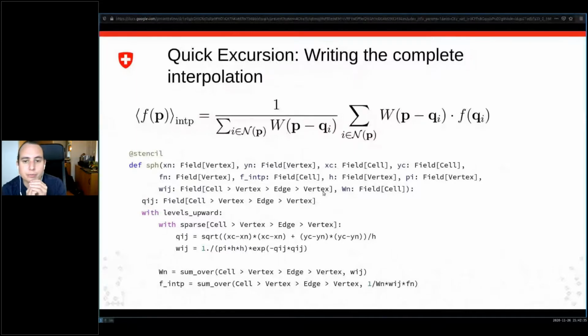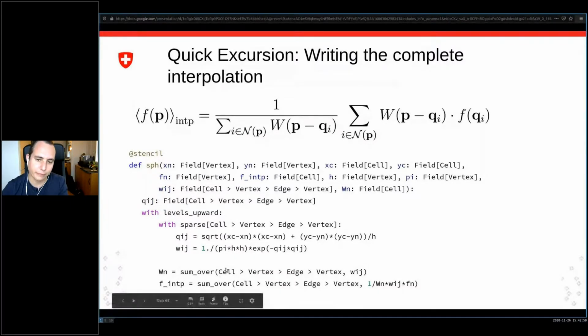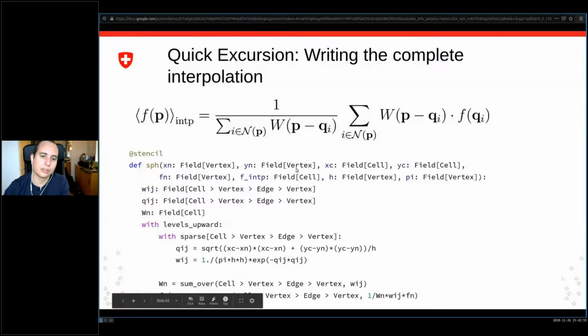Okay, and then we can go one level further. Let's do the whole thing. And this is what we have here. We have now the code filling the sparse dimension and the code consuming the sparse dimension, wrapped into one kernel, also computing this normalization factor with this reduction on the bottom. What else can we see here?